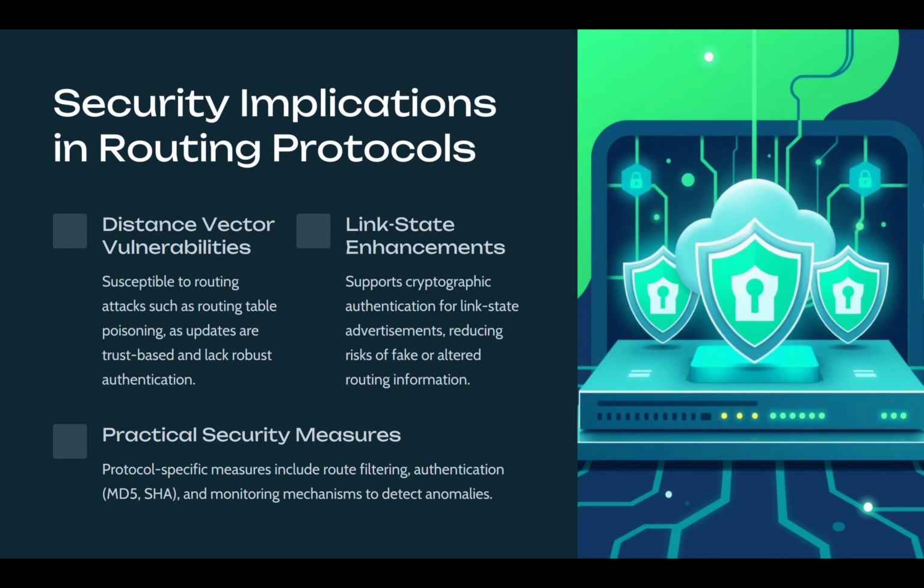The main reason for this is the periodic intervals given between data transfers in the network, whereas link state supports cryptographic authentication for link state advertisements, reducing the risk of fake or altered routing information. The security measures we look at are protocol-specific measures, which include route filtering, authentication, and monitoring mechanisms to detect anomalies.